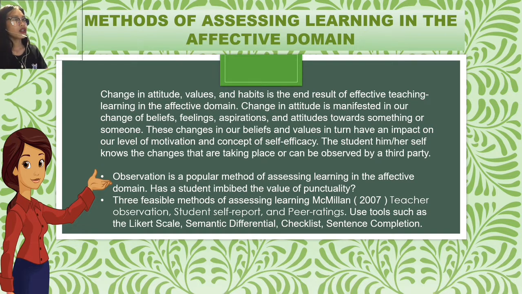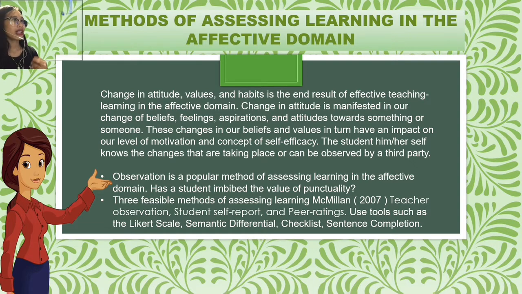The student himself or herself knows the changes that are taking place, or they can be observed by a third party. The witnesses are those who are around you at school, like teachers and classmates, and also our parents.